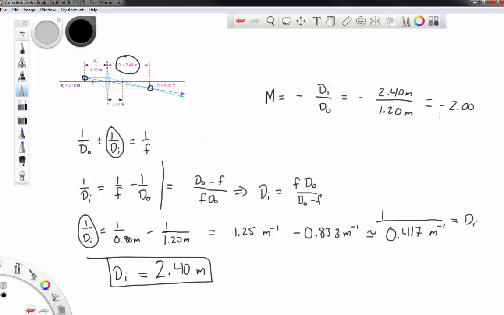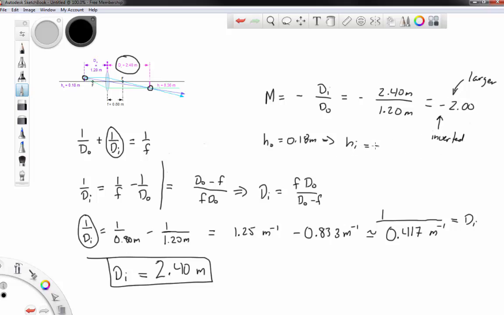The fact that it is negative means that it is going to be inverted. Okay, and sure enough, it's inverted. The fact that the magnitude is greater than 1 means that it should be larger than the object. It's hard to see on this diagram, but you can probably see that it is in fact larger here than here. In fact, it should be twice as tall as the original object. So since the original object had a height of 0.18 meters, that implies that the image should have 0.18 times 2.